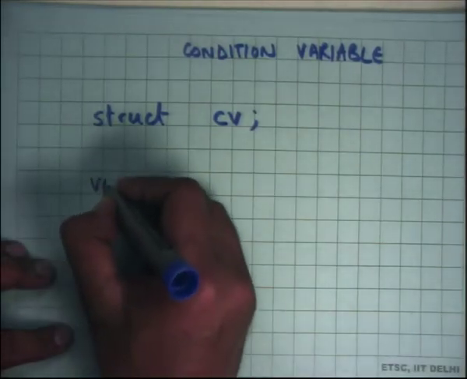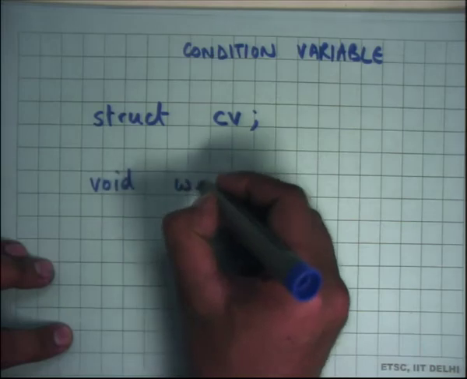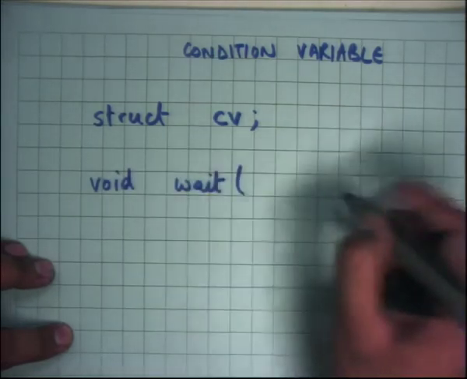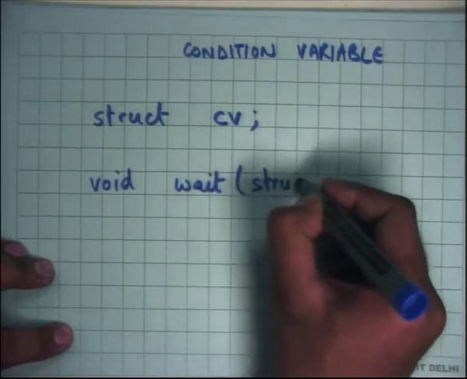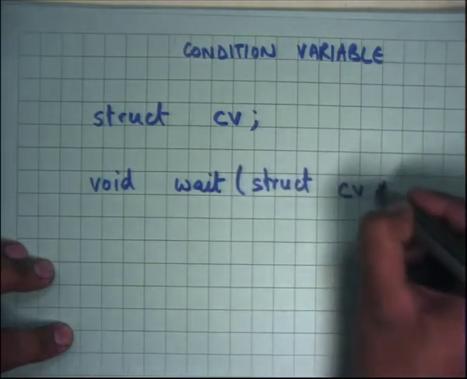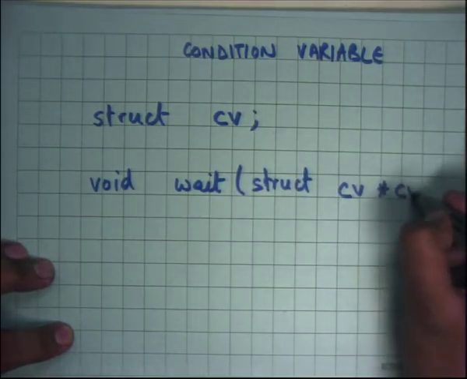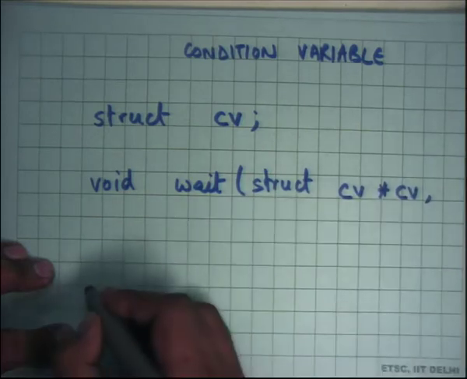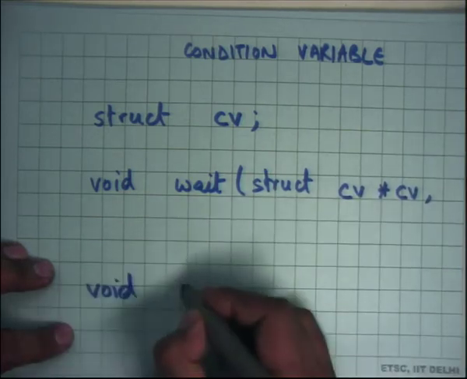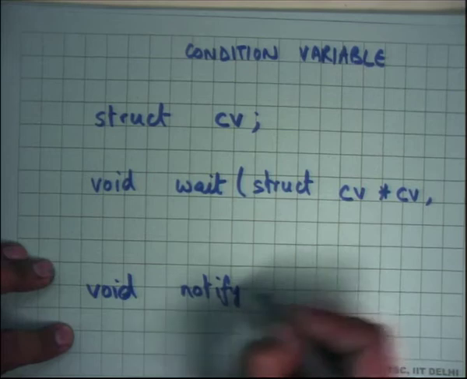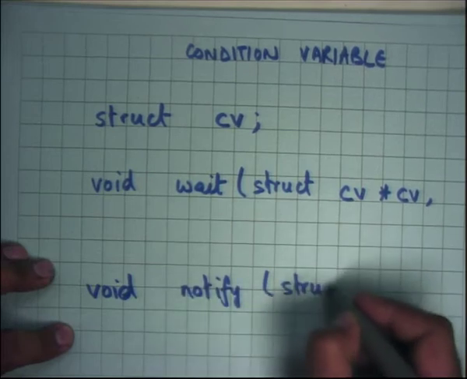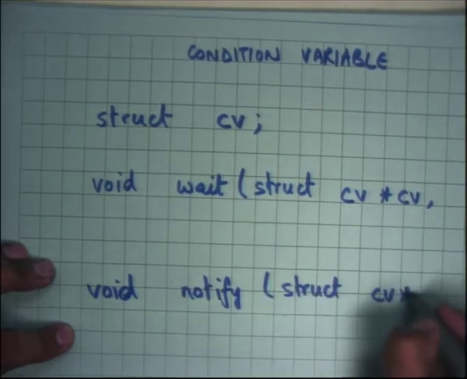And then you have two functions: void wait, taking a struct CV star, and another function called notify, taking a struct CV star.